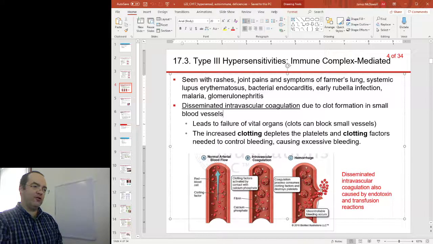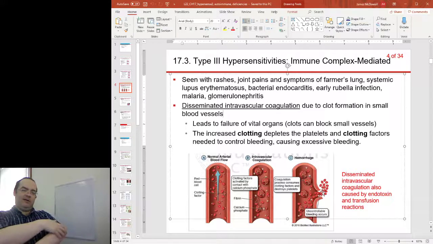So we get uncontrolled bleeding. And in the other example we looked at, you bump yourself, you get a big nasty bruise because those fine capillaries have been damaged, but there are no clotting factors around to stop the bleeding.